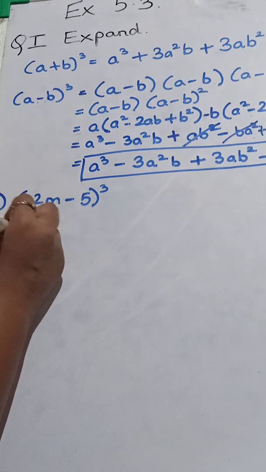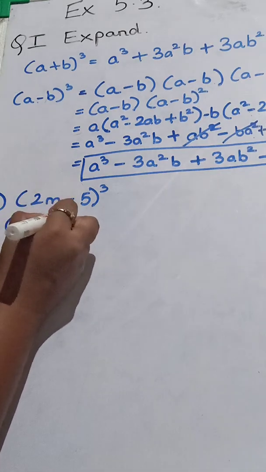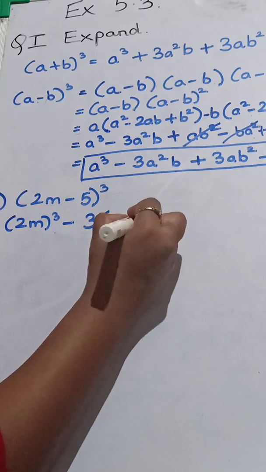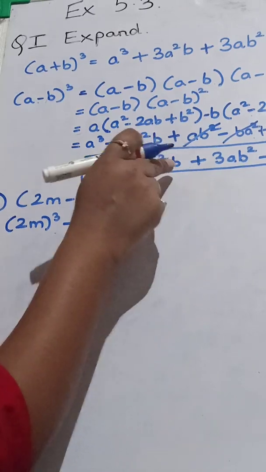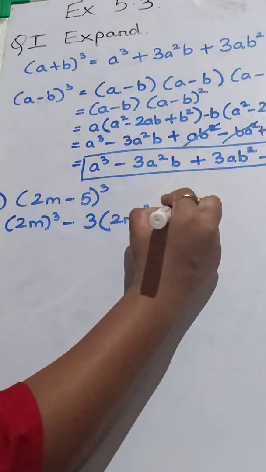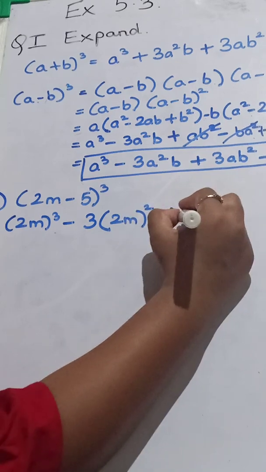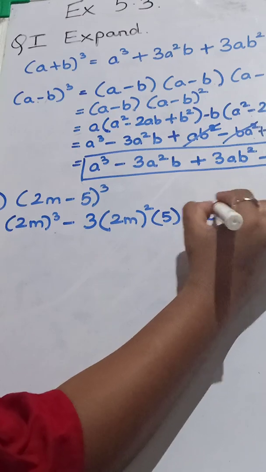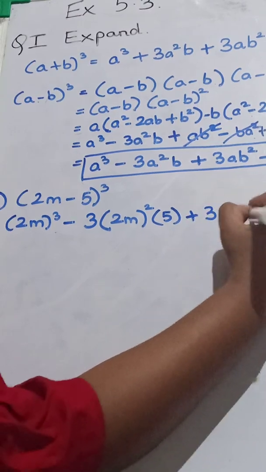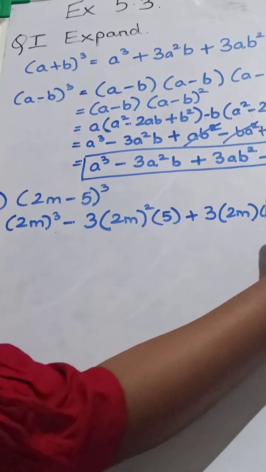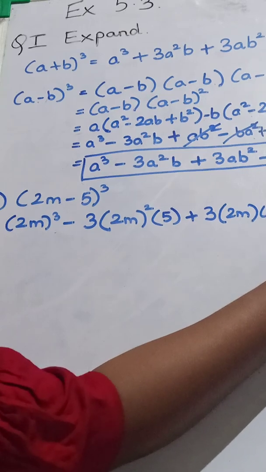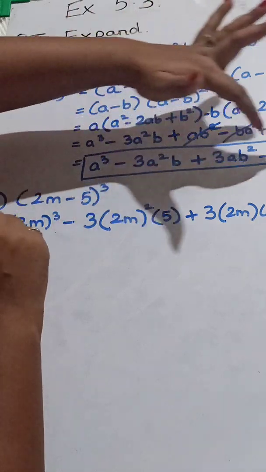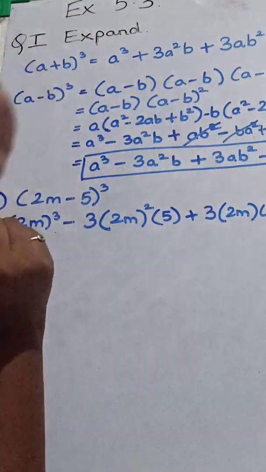A cube means (2m) cube, minus 3, a is 2m, b is 5, plus again 3ab square. So 3, a is 2m, b is 5 square, minus b is 5 cube. So we have just substituted this whole formula.